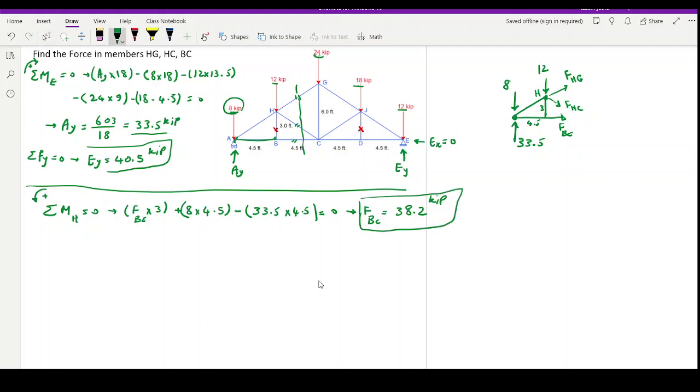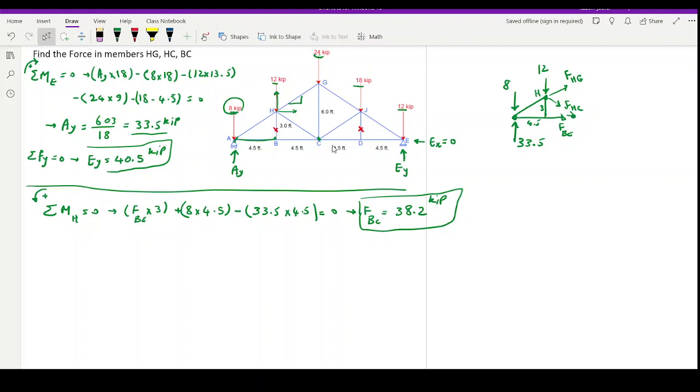Now, by taking moment about point C, which is here, I can find FHG. But pay attention that FHG has an X component, which is this one, and a Y component, which is going to be this one. Therefore, I need a small triangle in here.